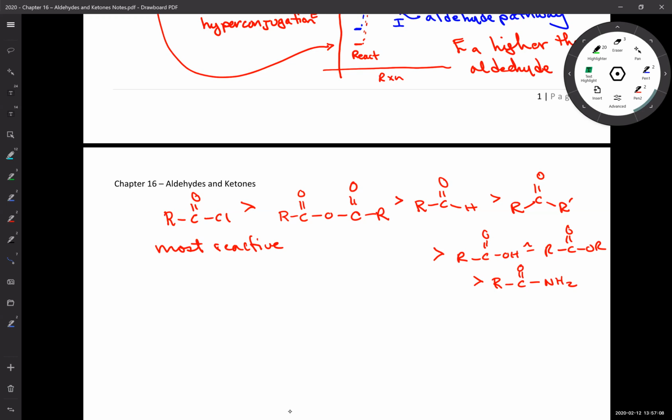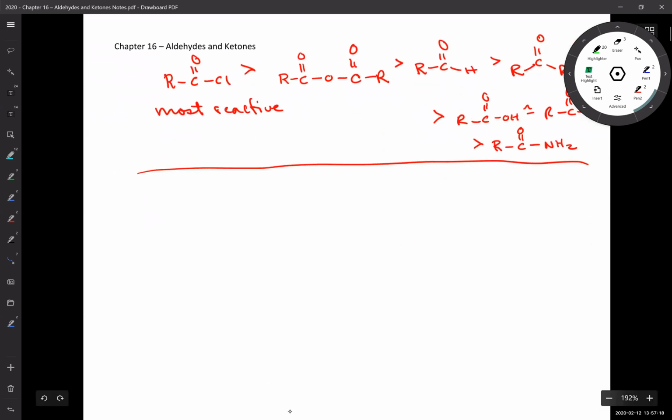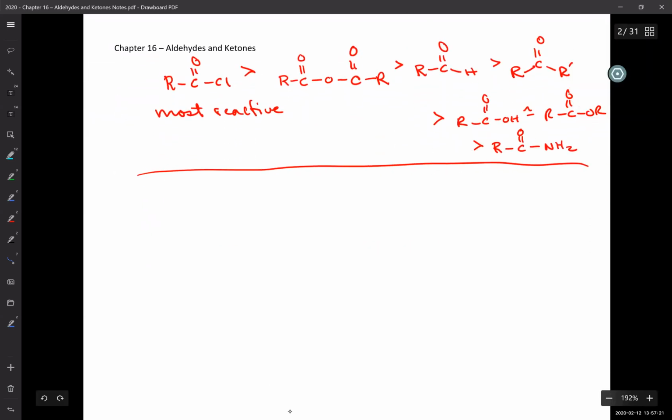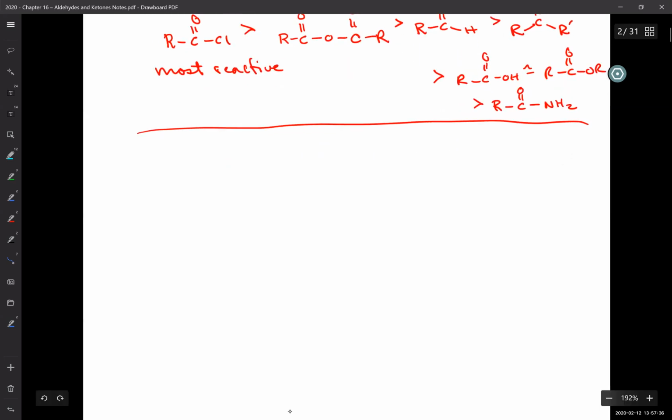Okay, another thing that's important to understand about the reactivity, just in general, of aldehydes and ketones, is that they have what are called pro-chiral faces. What that means is aldehydes and ketones are sp2, so they're flat, so they can't be chiral, but they definitely have sides. And when a nucleophile comes in, it can create a chiral center. So for example, R double bond O, R prime.